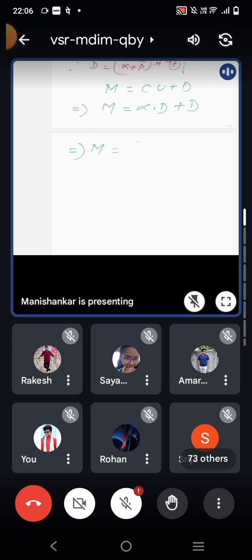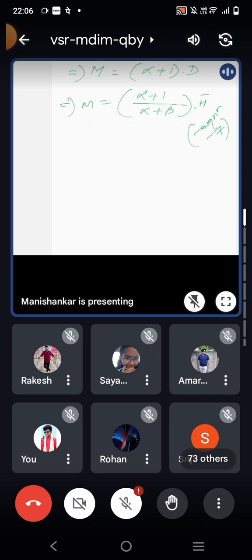Alpha plus 1 into D. Now replace D from equation 7.